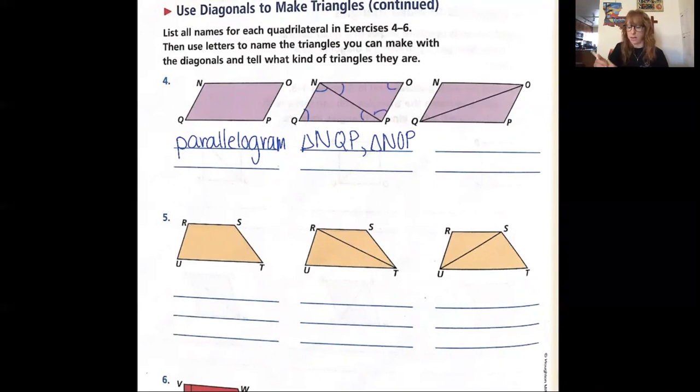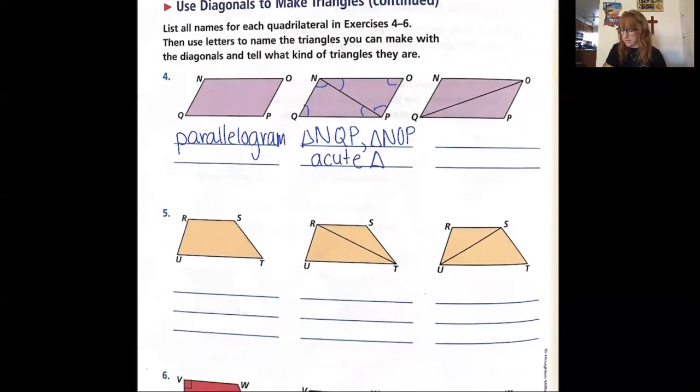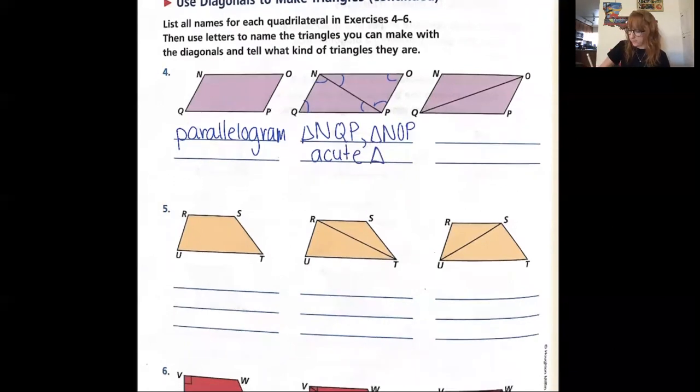Those are all acute angles, so we have acute triangles. Okay, and then looking at our names here, we have triangle QNO and triangle QPO. And then we'll notice that we have 2 obtuse angles. So that means that we have obtuse triangles.